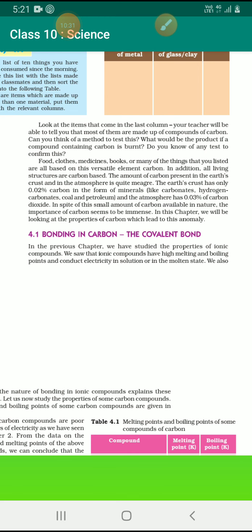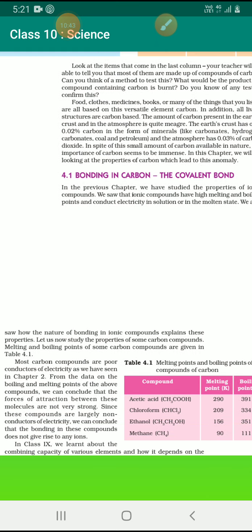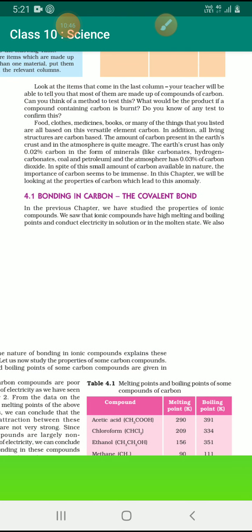Remember that carbon atoms link together through a bond. We might have studied this in ninth standard. I hope you have studied this, because in ninth standard I had not taken chemistry. A carbon atom links to another carbon atom through a chain process.